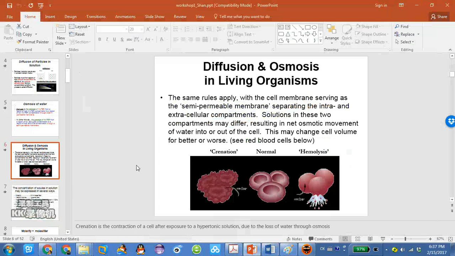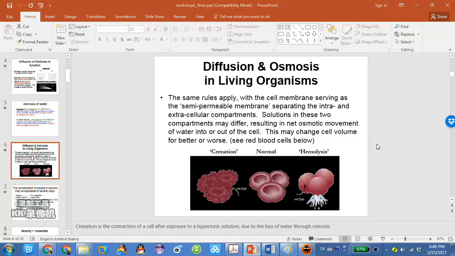Okay. Diffusion and osmosis are also very important to maintain a certain cell volume in organisms. For example, if we have a red blood cell and it loses some water, causing the cell volume to decrease and the cell to shrink, we call this process crenation.